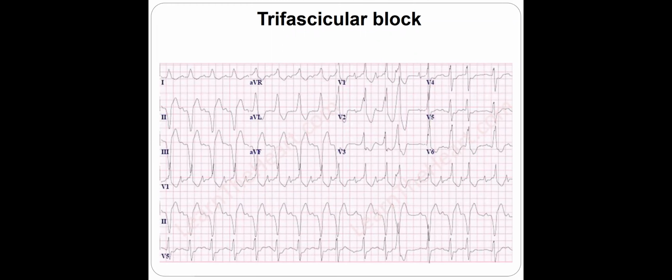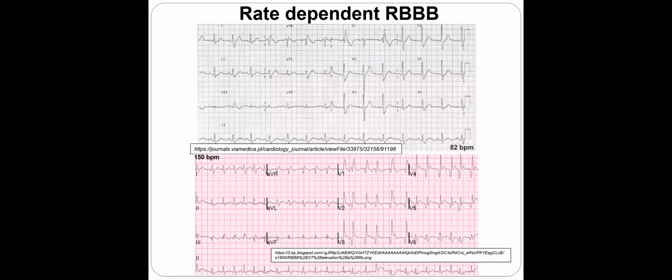Here you can see a left bundle branch block, very nicely. And in V1, sometimes you see the right bundle branch block, and sometimes the left bundle branch block, and the PR interval is a little elongated. Good. And rate dependent, this is what I mentioned.